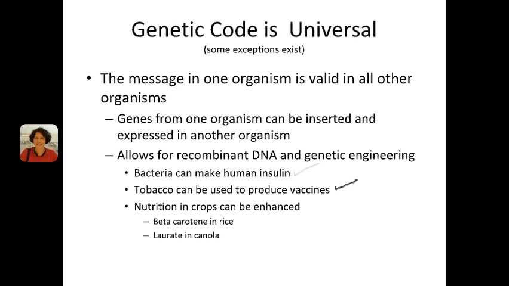You can make crops such as golden rice that have a gene that codes for the metabolic pathway to produce beta carotene in rice, so that when people eat it, they can produce vitamin A. Or you can make canola, another crop, to produce laurate, which is a fatty acid that is usually not found in that crop. So the universality of the genetic code makes all of this possible.